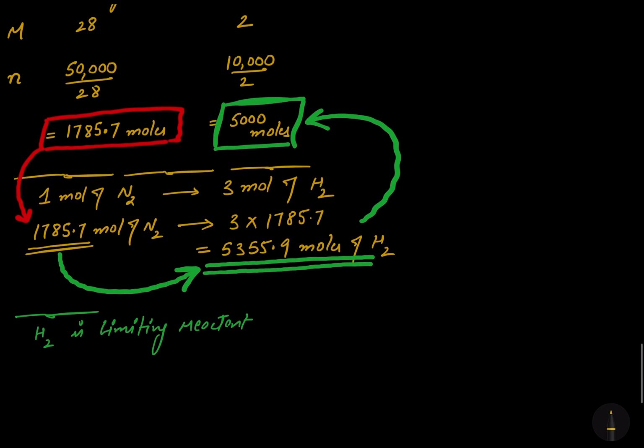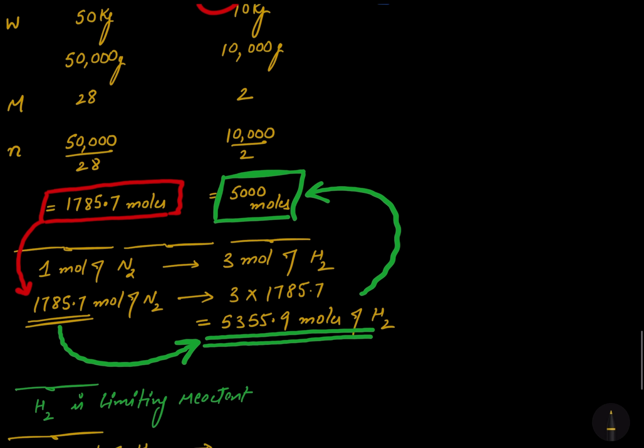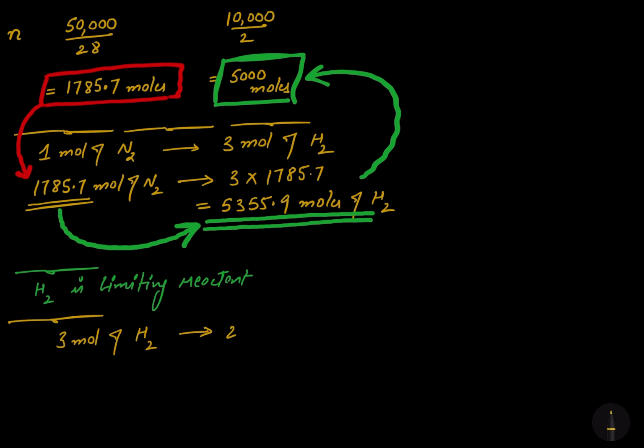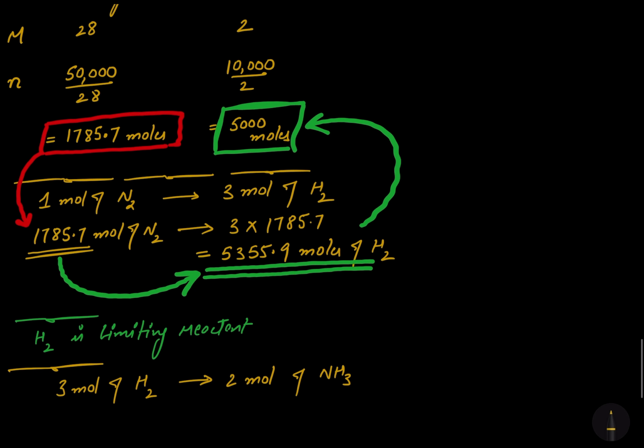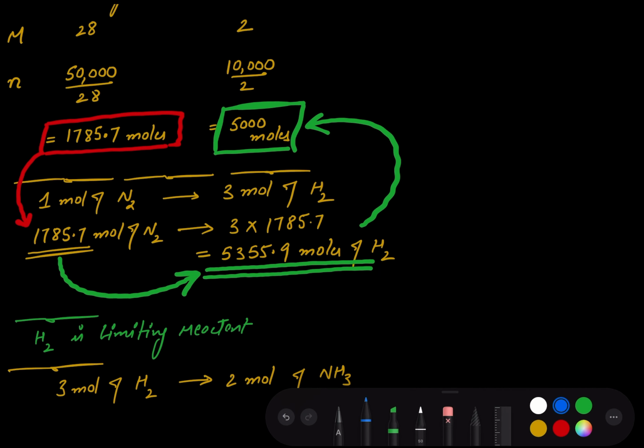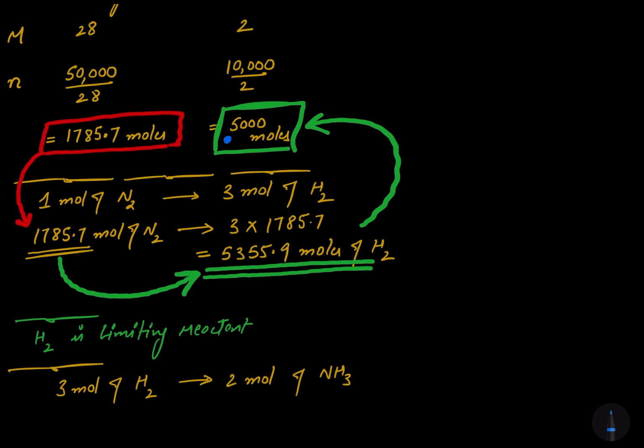So I'm writing that 3 moles of H2 produces 2 moles of NH3. What was the quantity of H2 given in the question? That was 5000. Then obviously this quantity will get consumed first.